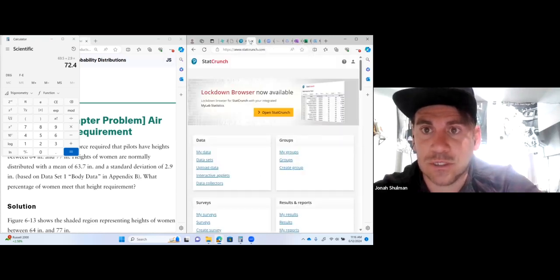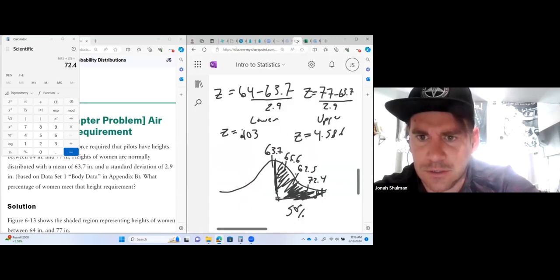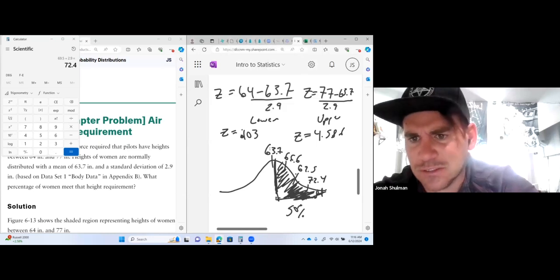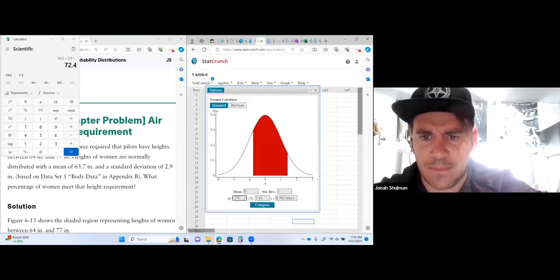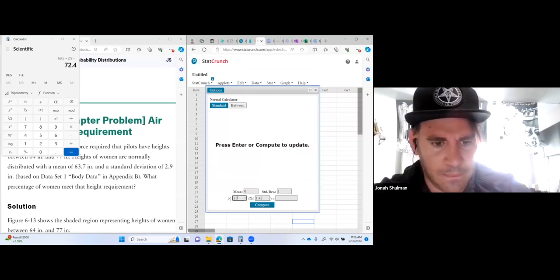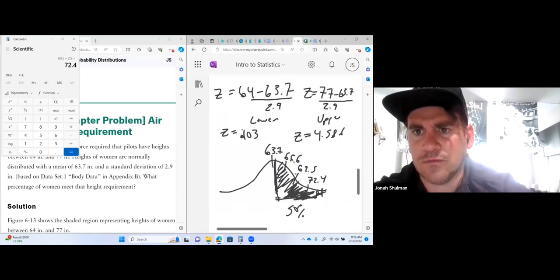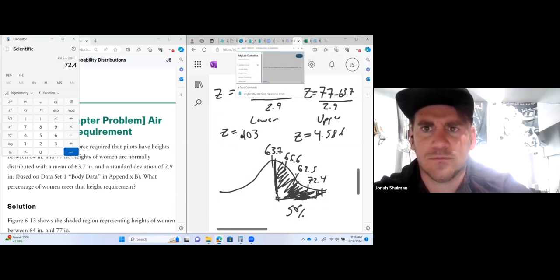So we can use StatCrunch again. I'm going to go to the between. Our first z-score is 0.103, which was just about half. See how close it is to the line. And our other side of this is going to be 4.586.